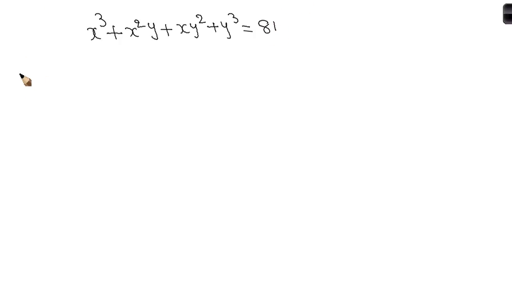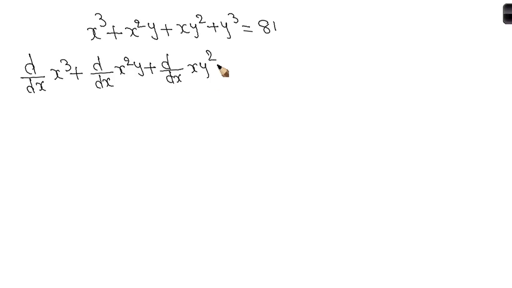Okay, do differentiation on both sides, that is derivative of x cube plus derivative of x square y plus derivative of xy square plus derivative of y cube is equal to derivative of 81 with respect to x.